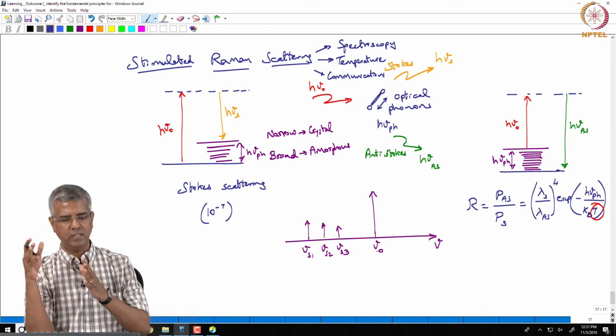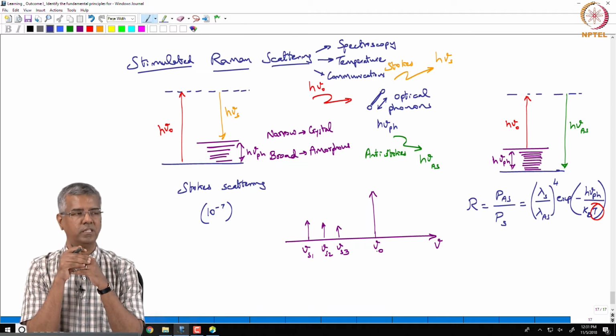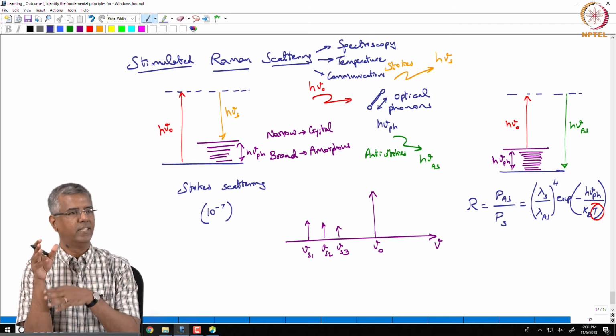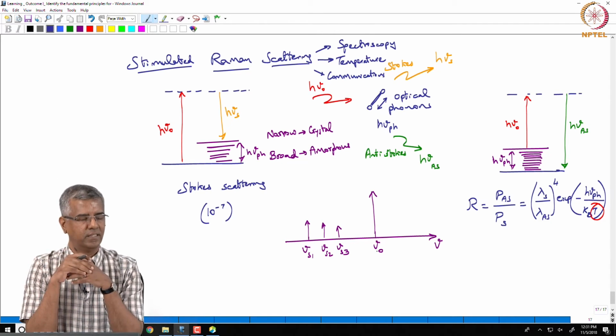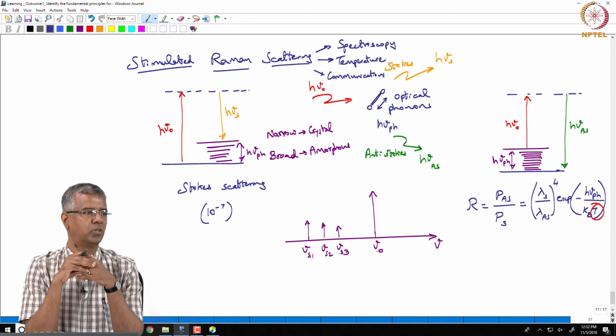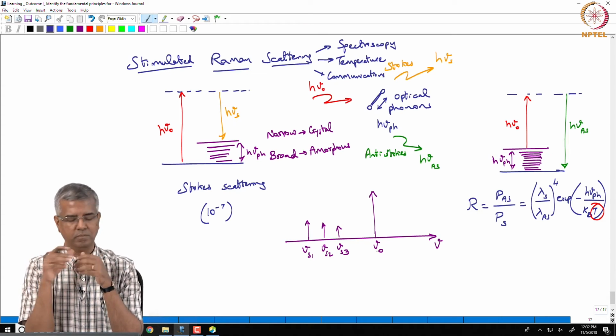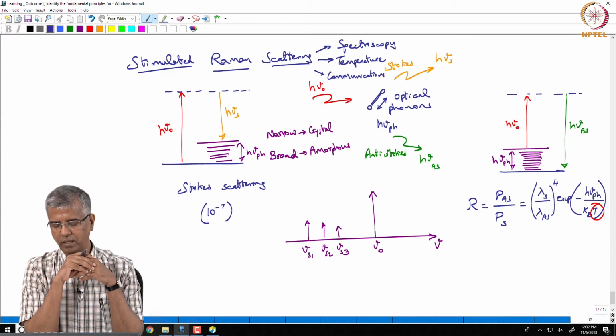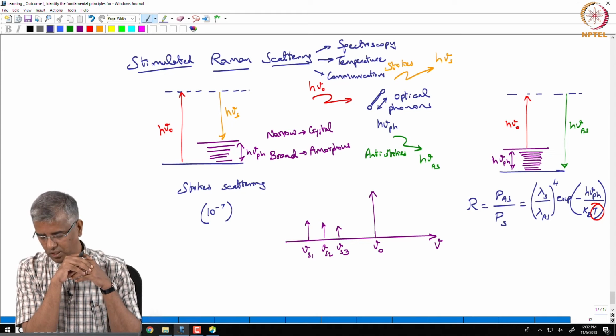That means the information that you are sending in one frequency, one channel, is actually imprinted on another channel. So, that can give rise to crosstalk, right. That will be a major limitation in communication.